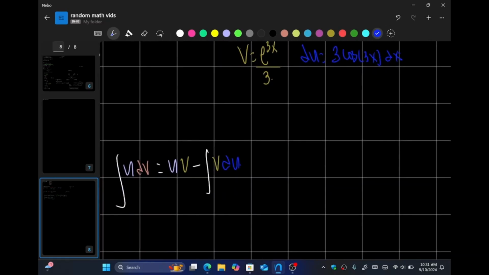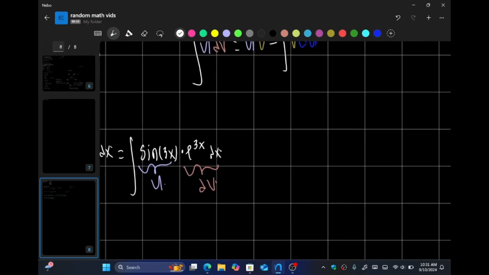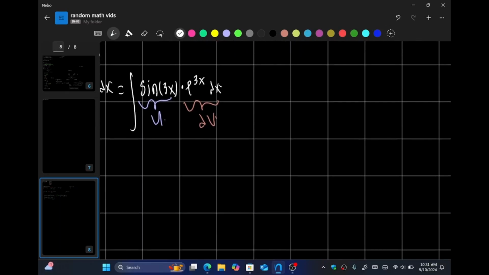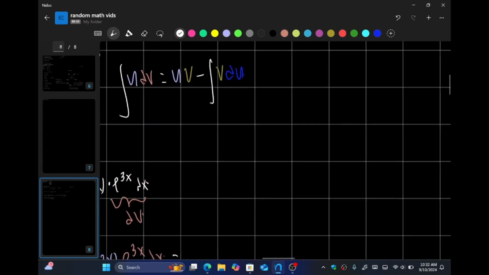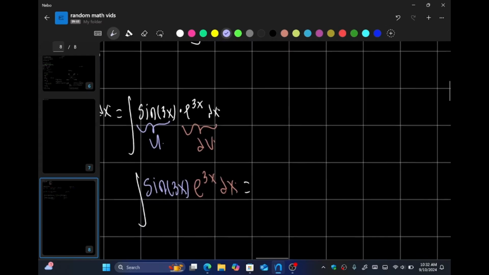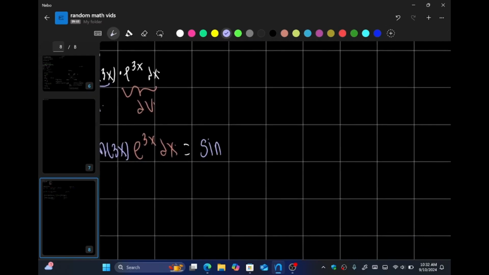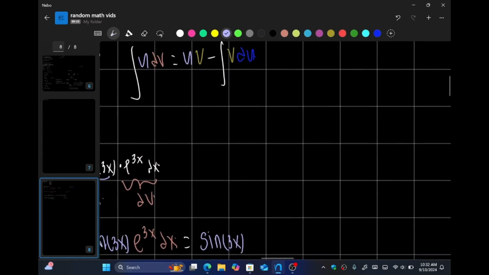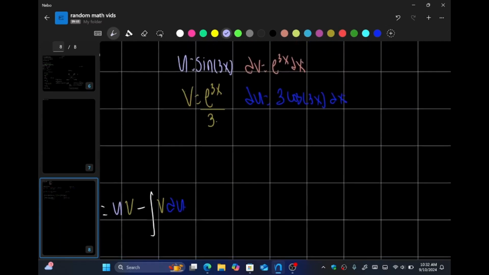Now, let's plug everything in. So the integral of sine of 3x times e to the 3x dx equals uv, so u, which is sine of 3x, times v, which was e to the 3x over 3.